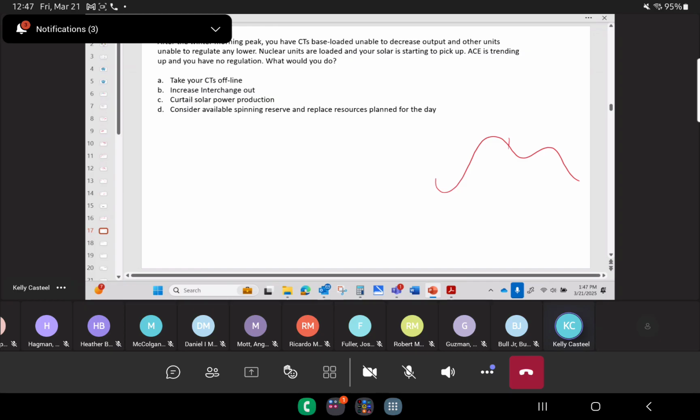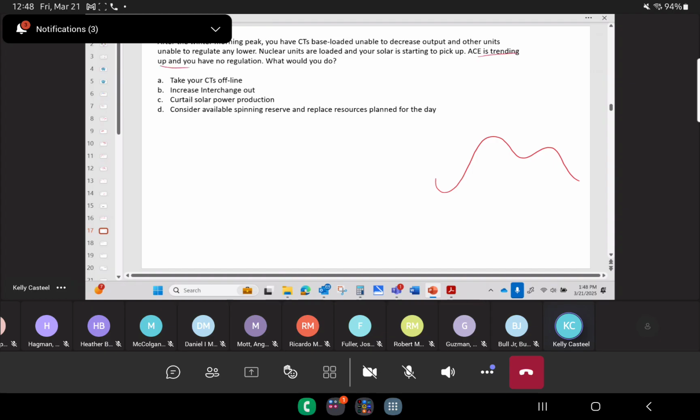So you've ramped your CTs down to their minimum levels, and they're unable to decrease the output any further. And other units are unable to regulate any lower. So you've got everything regulated down. Your nuclear units are loaded and solar's starting to pick up, which is what usually drives the load to drop. As sun comes out, load starts dropping off.